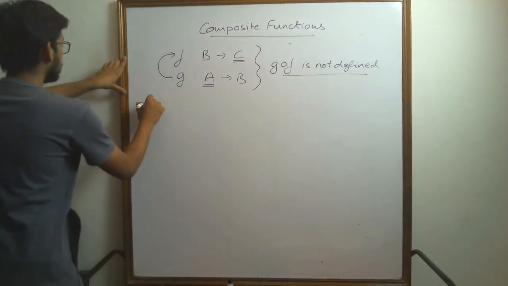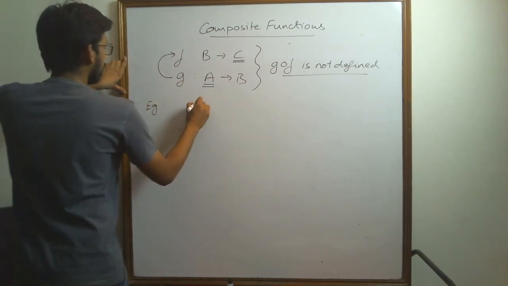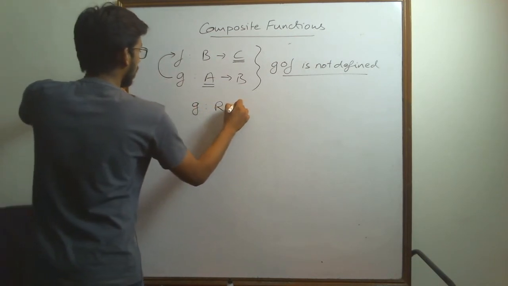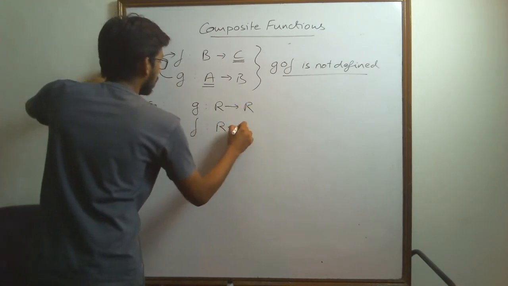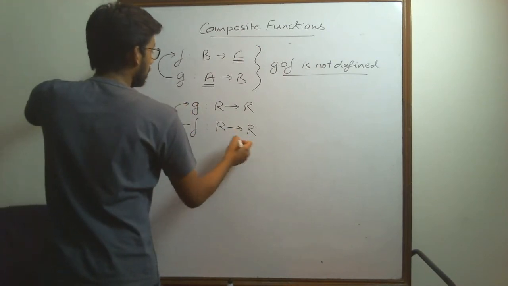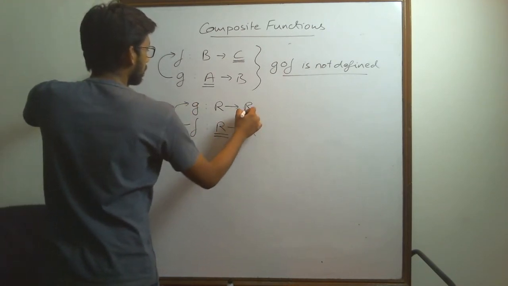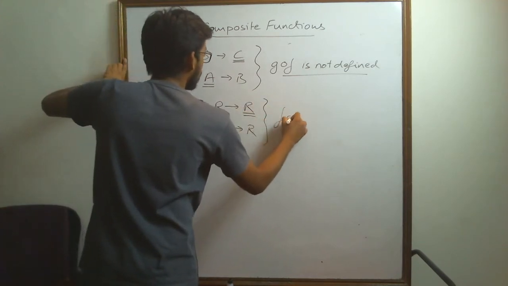For example, if I am defining a function g from R to R and a function f from R to R, in this case FOG will be defined since the domain of f is equal to the codomain of G. So f of G is defined.